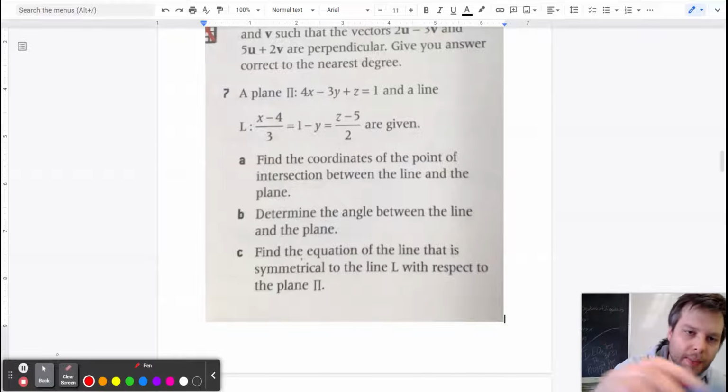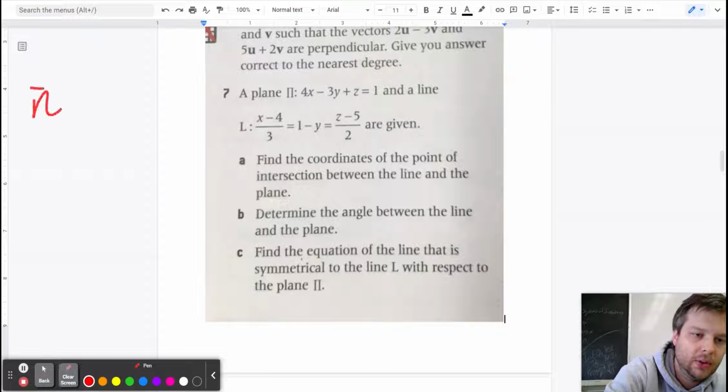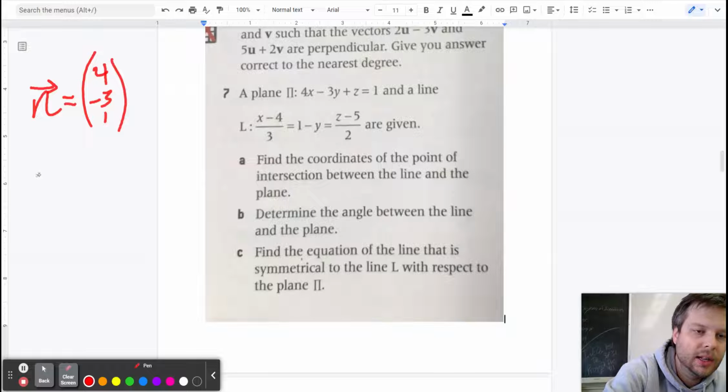But basically, the plane has a normal vector of 4, negative 3, and 1. And the line has a direction vector of 3, negative 1, and 2.